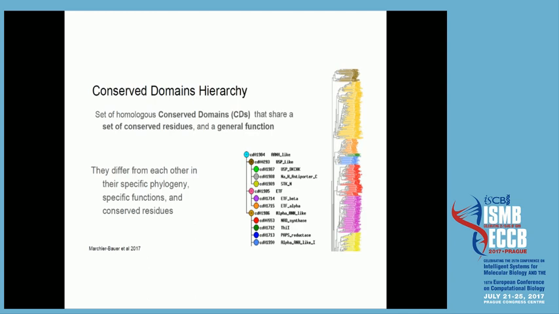In the scheme, we have represented the dendrogram on the right side, and all those sequences are the ones inside the hierarchy. It is not easy to divide that into conserved domain families. It is made on sequence similarity, structure similarity, function annotation, and residue annotation, but it's not an easy task, and ideally, inside each conserved domain family, we will have orthologs, and between families, they might be paralogs.